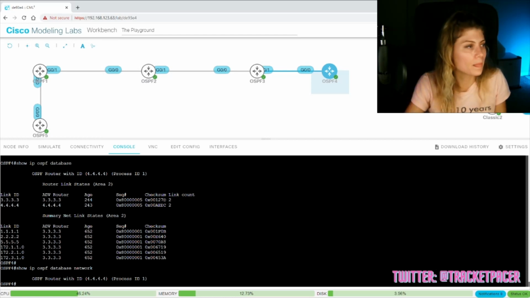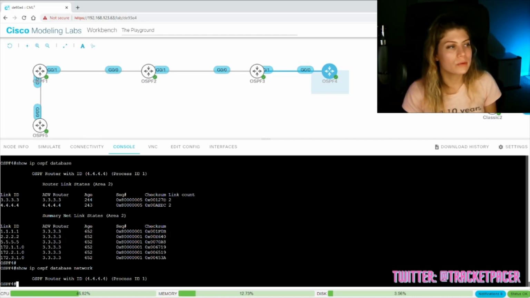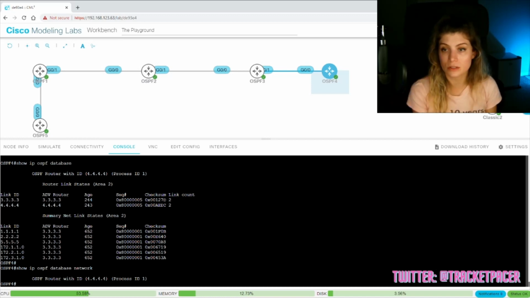Okay, a type 2 LSA represents a multi-access network segment that uses a DR. The DR always advertises the type 2 LSA and identifies all the routers attached to that network segment. If a DR hasn't been elected, a type 2 LSA is not present in the LSDB. So that's our situation here, actually.